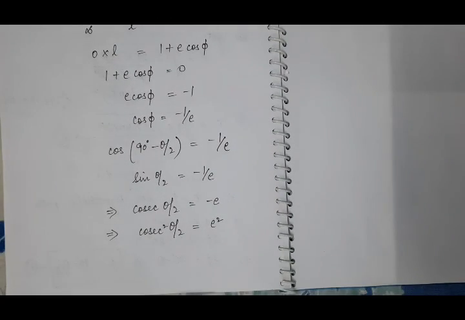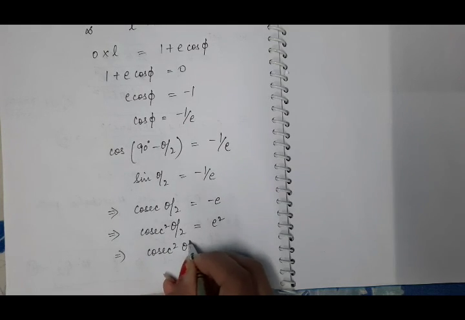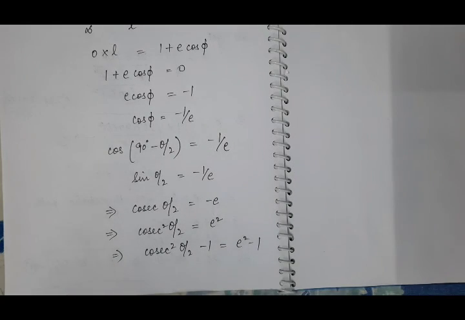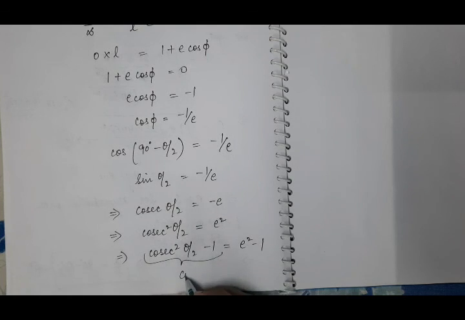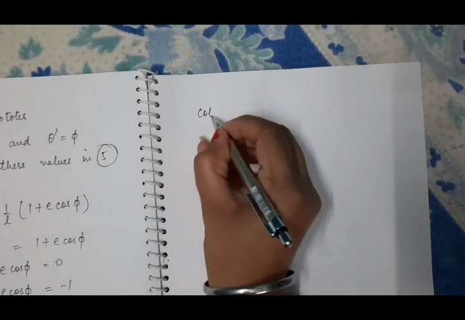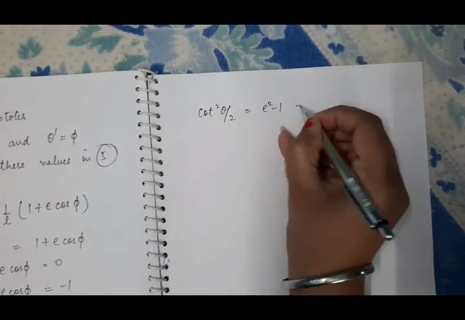Then minus 1 on both sides. And what is cosecant square theta minus 1? It is cot square theta. So cot square theta by 2 is equal to E square minus 1.